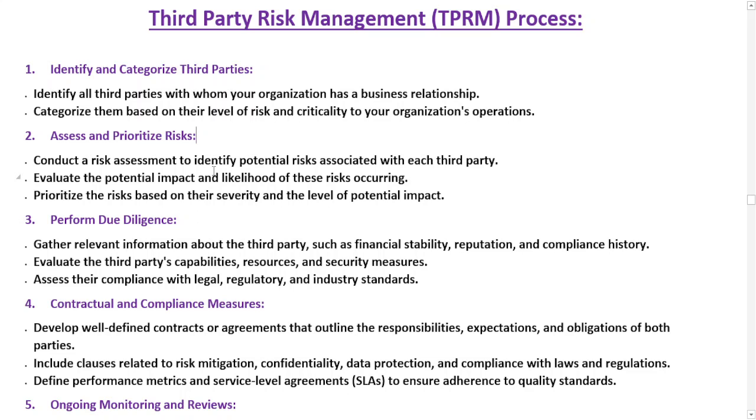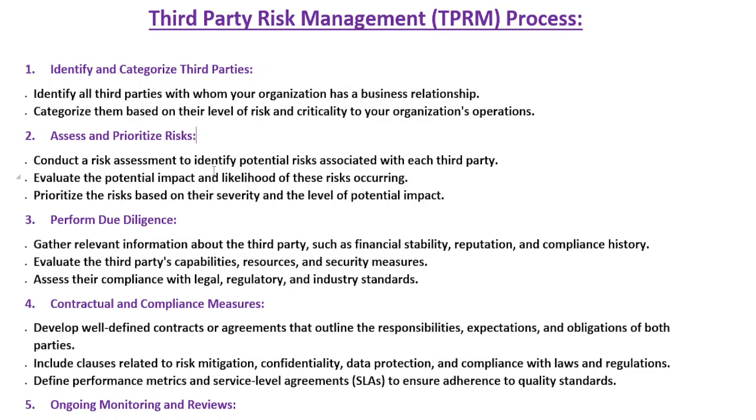The second step is assessing and prioritizing risk. In this step, companies conduct a risk assessment to identify potential risk associated with each third party. They have to evaluate the potential impact and the likelihood of these risks, and prioritize the risk based on their severity and the level of potential impact as well.